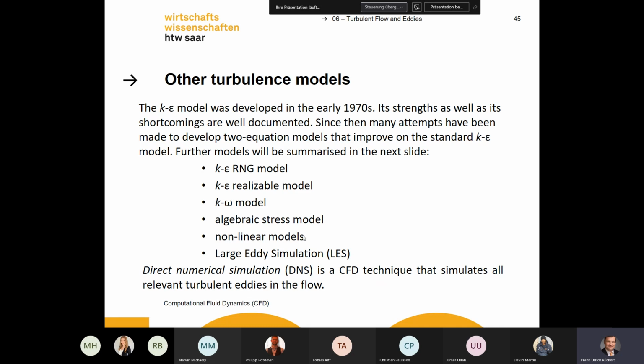Algebraic stress models also exist, nonlinear models, and so-called large eddy simulations. The simulations I've shown you from the gasoline filter were made with large eddy simulations. In large eddy simulations, you can predict the turbulence much better and much more realistically than in so-called K-epsilon models. So you really see the fluctuations.